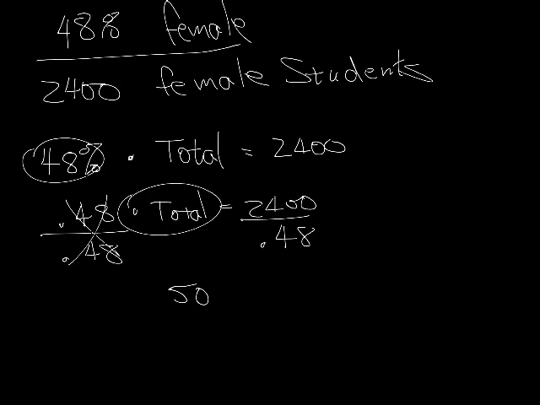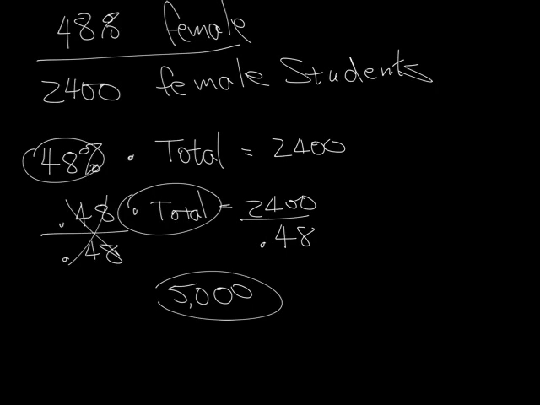And we find out that there are 5,000 when we do this division. So 5,000 students. Alright, so let's look at this real quick. 48% of this 5,000 students are female, which means a little less than half, which is where we got the 2,400. So 2,400 out of the 5,000 total are female, which means there are 48% female.